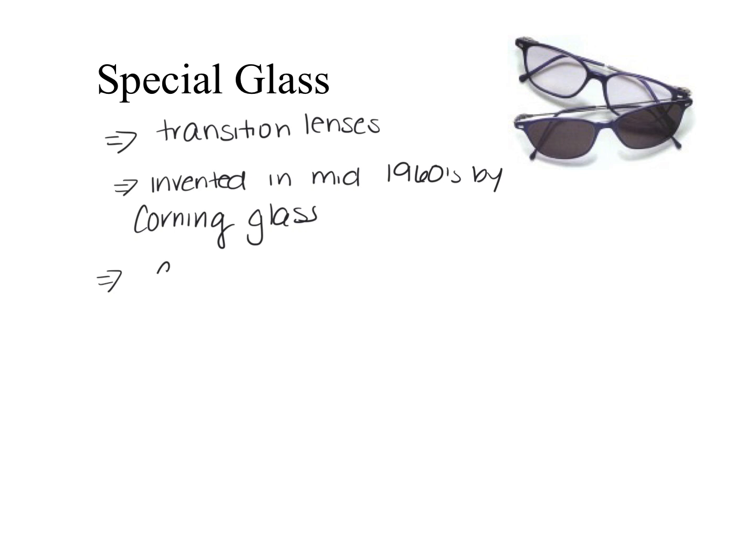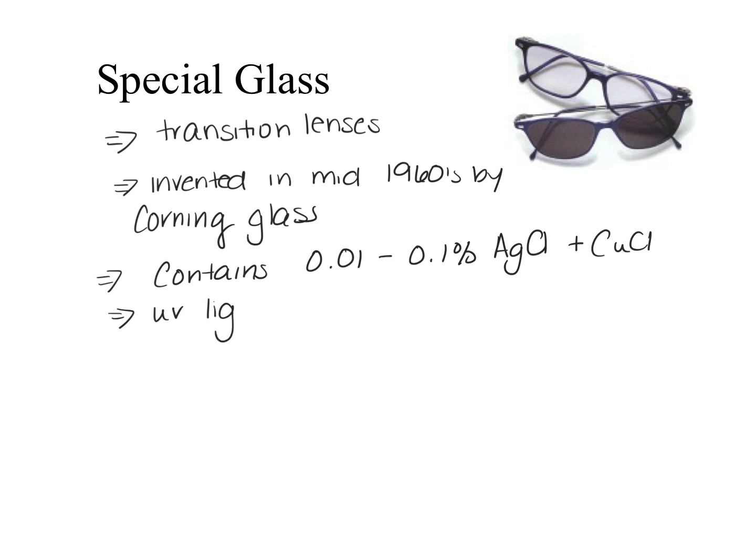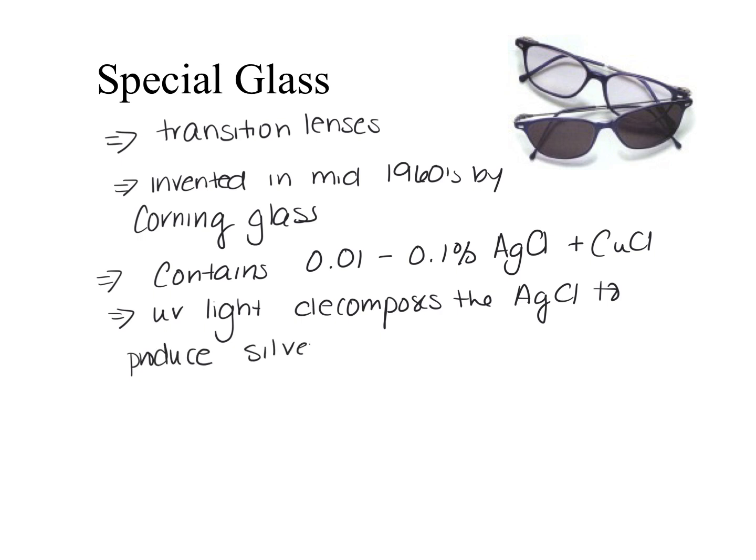The way this works is it contains 0.01 to 0.1% silver chloride and copper chloride. Now, what happens is the UV light decomposes the silver chloride to produce the silver atoms.